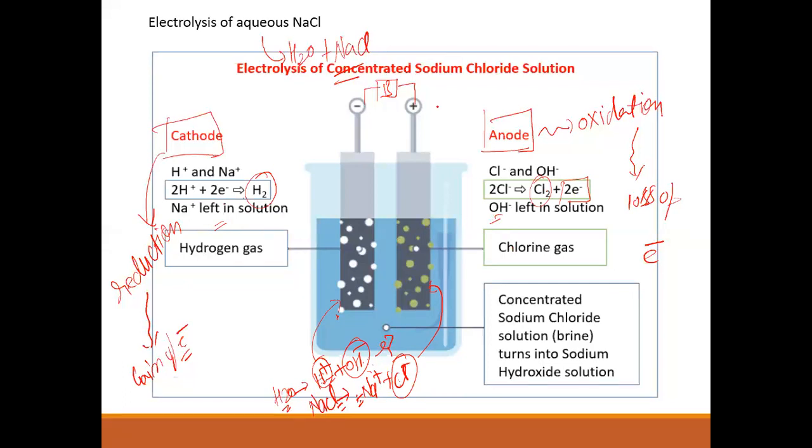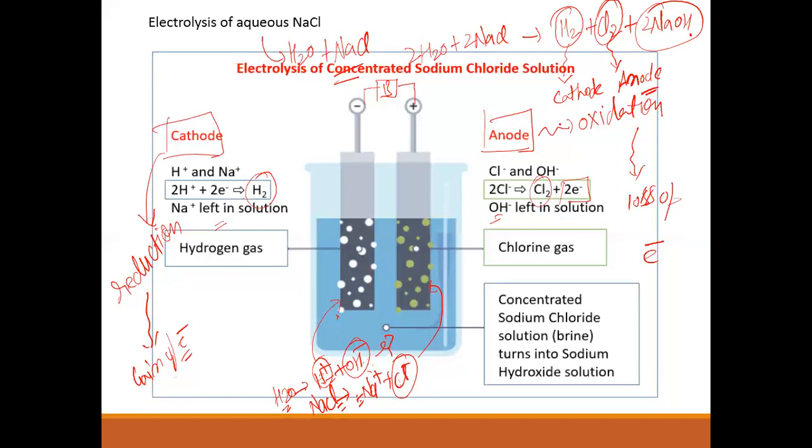Okay, so the net reaction will be 2H2O plus 2NaCl gives you H2 plus Cl2 plus 2NaOH, in which H2 is present at the cathode, whereas Cl2 is evolved at the anode. Okay, so the products of aqueous NaCl electrolysis are H2, Cl2 and NaOH. H2 at the cathode and Cl2 at the anode.